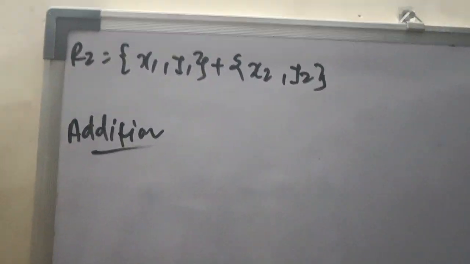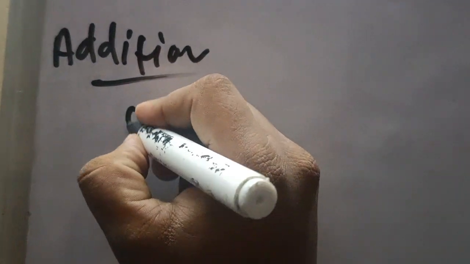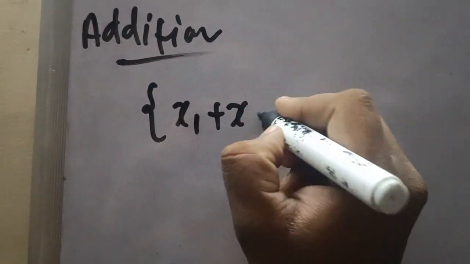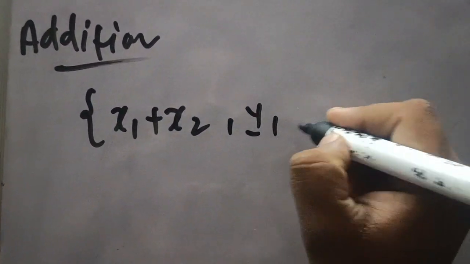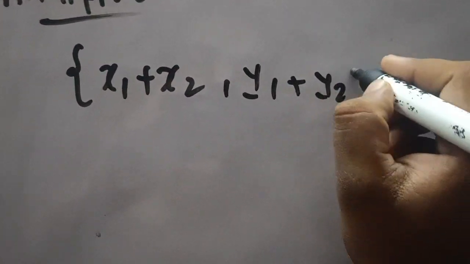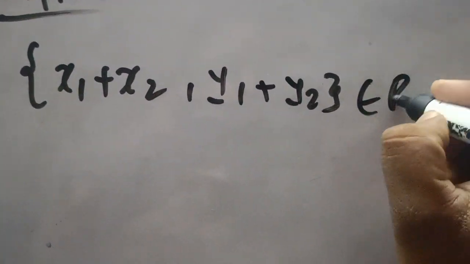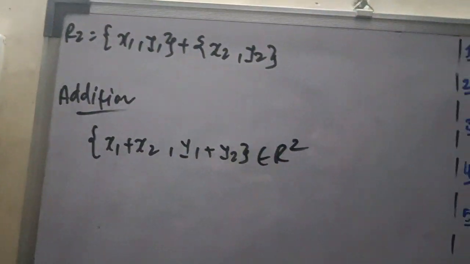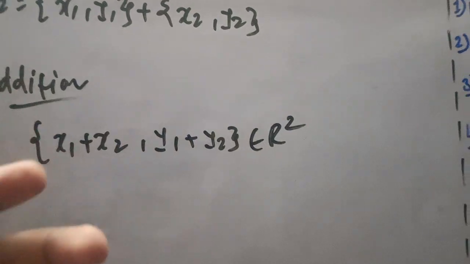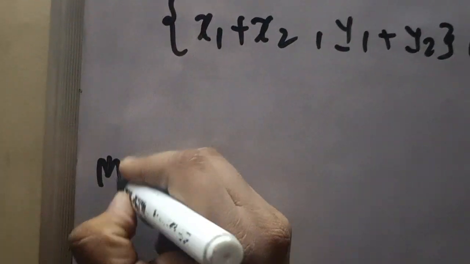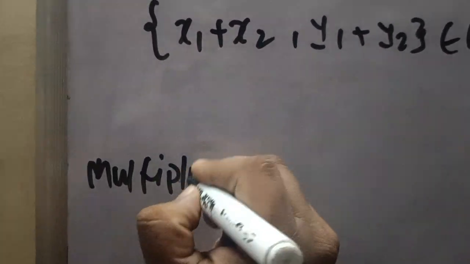So for the addition part, let's add these things. So x1 plus x2, and here we will write y1 plus y2. Now if you look carefully, this also belongs to R square. So our addition condition is satisfied. Now let's talk about multiplication.